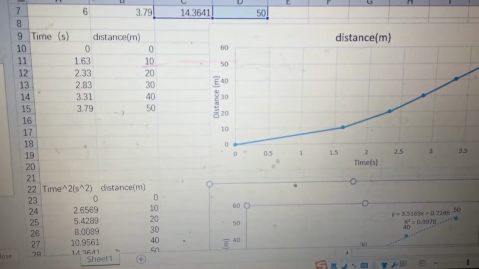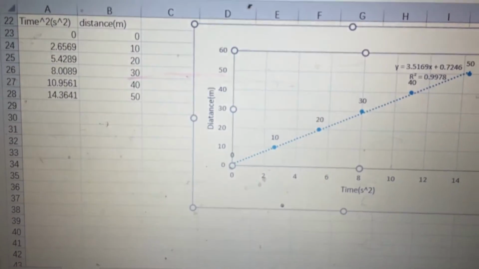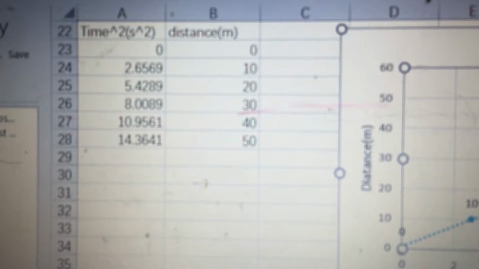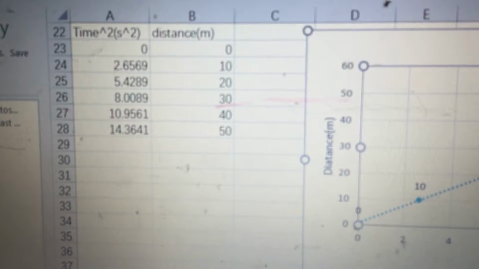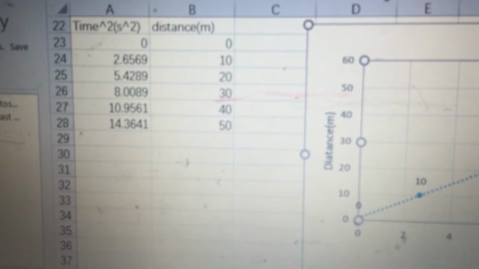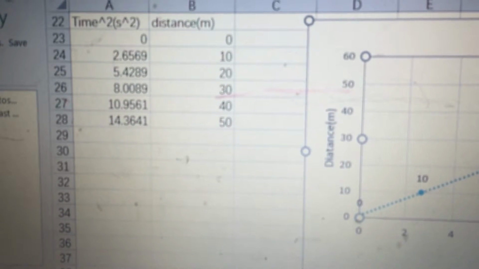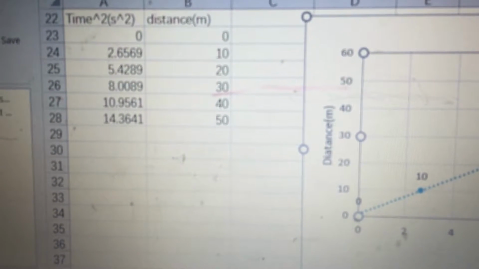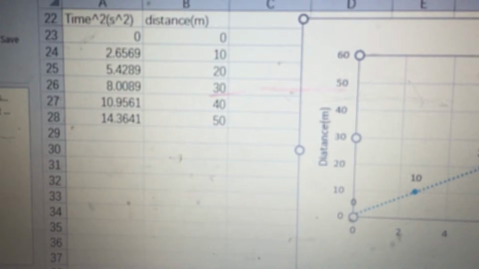So for the times, I use time squared: for 0 it is 0, at the time of 1.63 I got 2.6569, for 2.33 I got 5.4289, and for 2.83 the time squared is 8.0089 second squared.